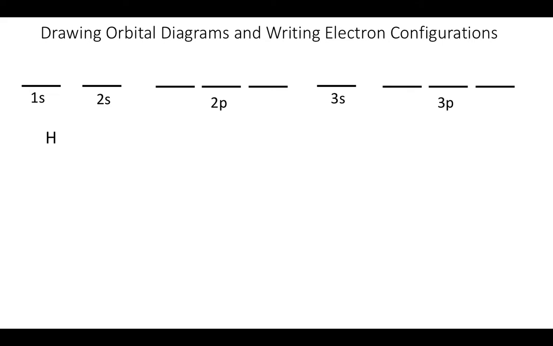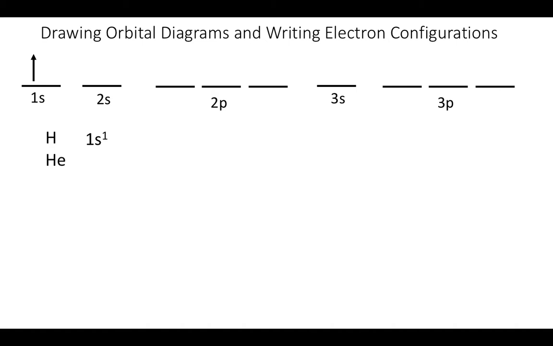What we're going to do is place electrons for each of the elements. So hydrogen has only 1 electron. That first electron is going to go in the 1s orbital with an up spin. So hydrogen has a configuration of 1s1 because there's 1 electron in the 1s orbital.